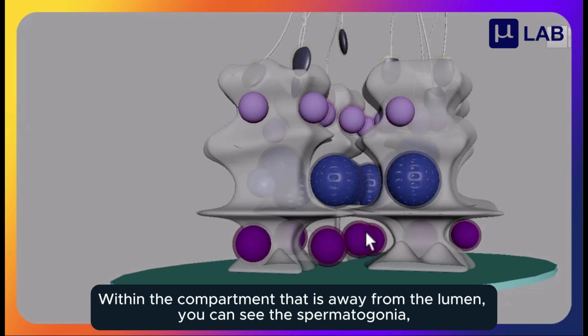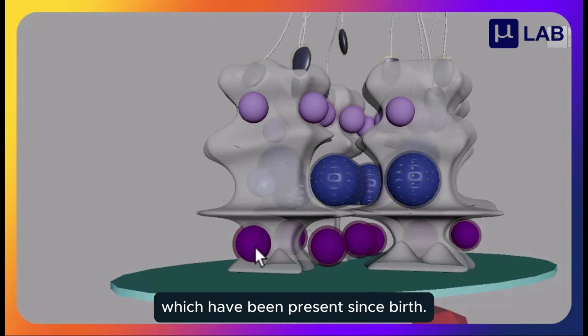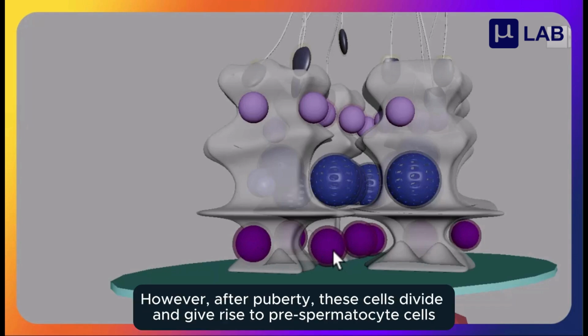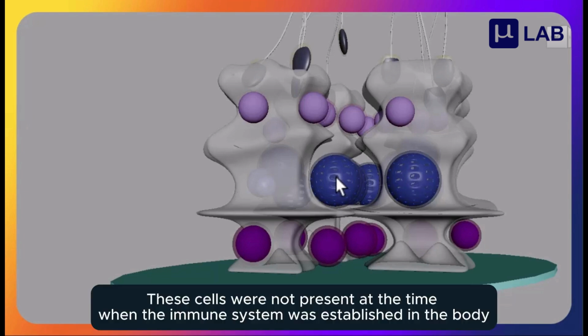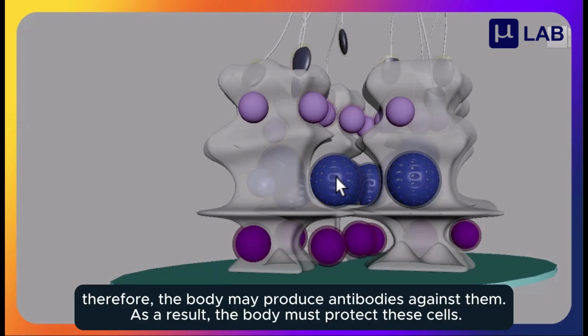Within the compartment that is away from the lumen, you can see the spermatogonia, which have been present since birth. However, after puberty, these cells divide and give rise to primary spermatocytes. These cells were not present at the time when the immune system was established in the body. Therefore, the body may produce antibodies against them.